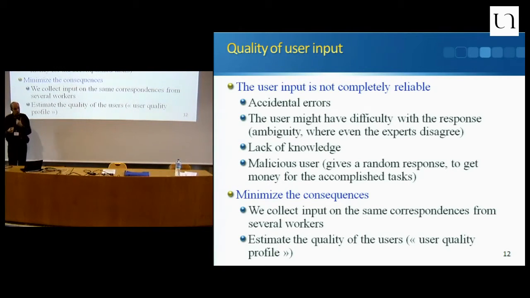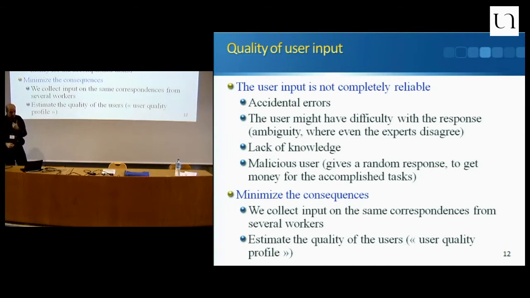So the expectation maximization method obtains some quality metrics for each user. So we will be able to use this quality estimation of the responses which we obtained in the aggregation.